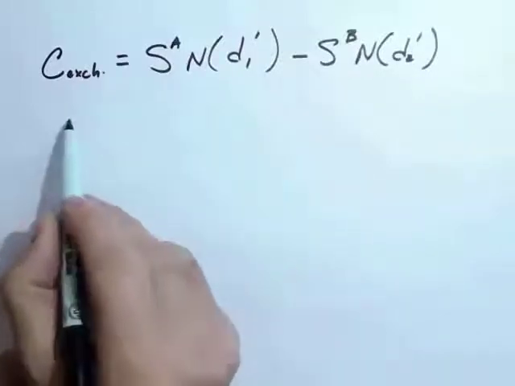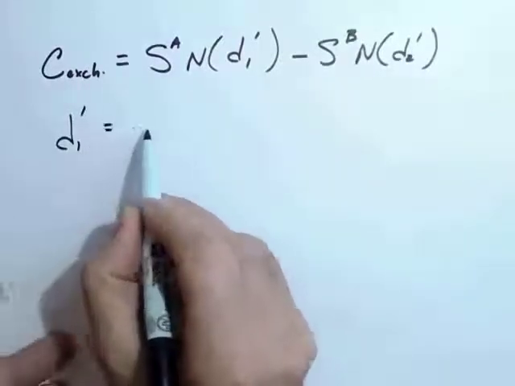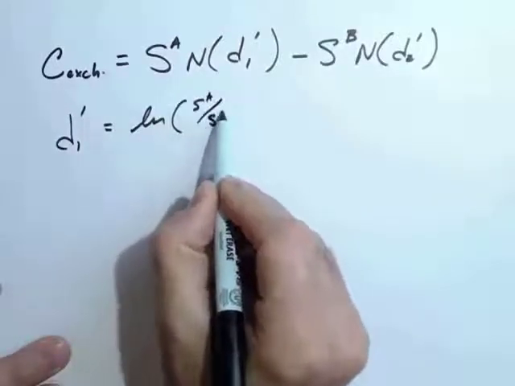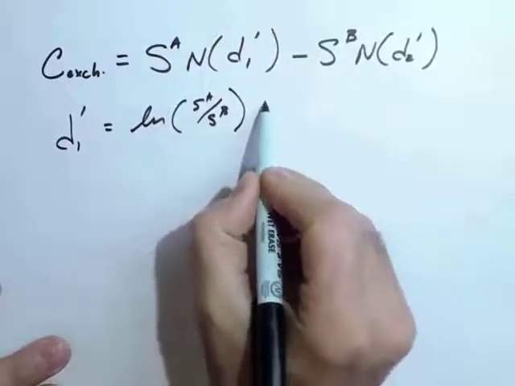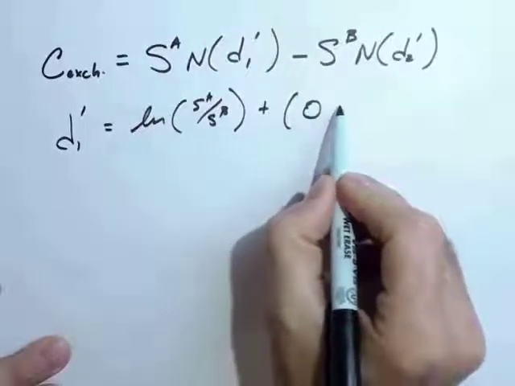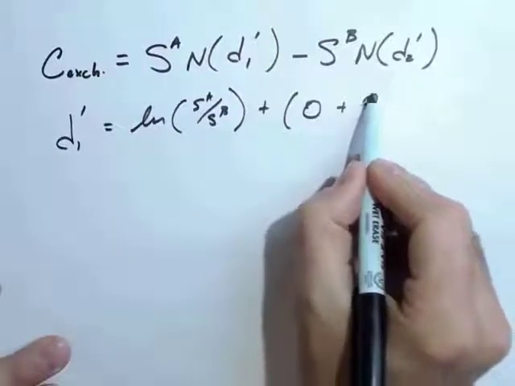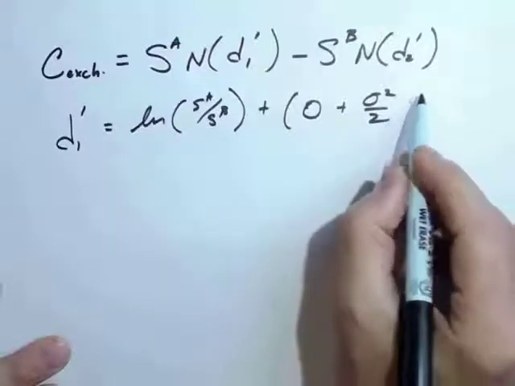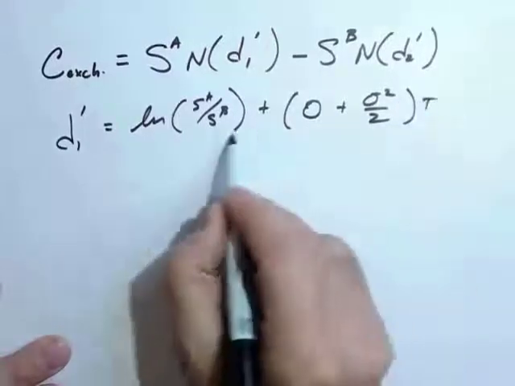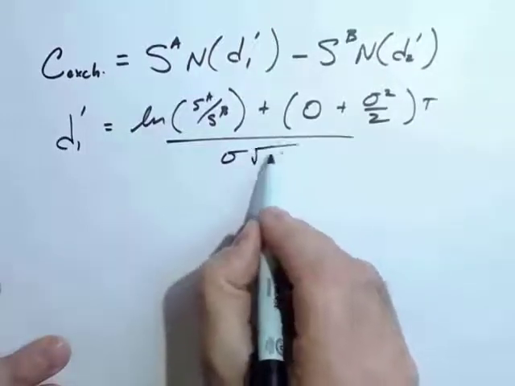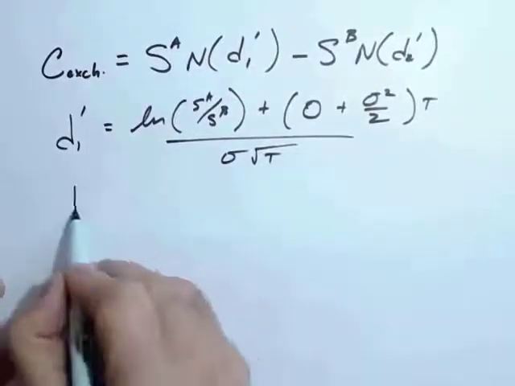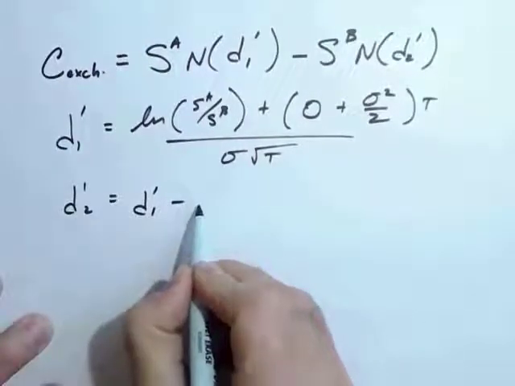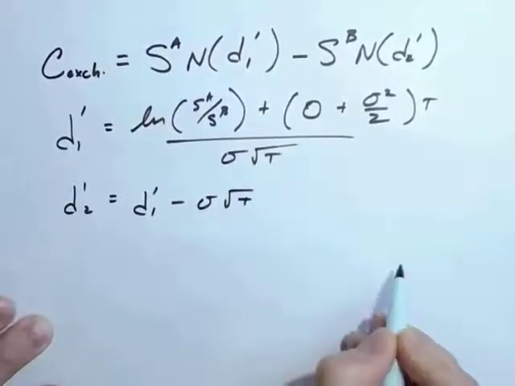Okay, so d1 prime is going to be the log of stock A divided by stock B plus 0 for the interest rate plus sigma squared divided by 2, times T, divided by sigma square root of T. And then d2 is going to be d1 prime minus sigma square root of T, as we saw before.